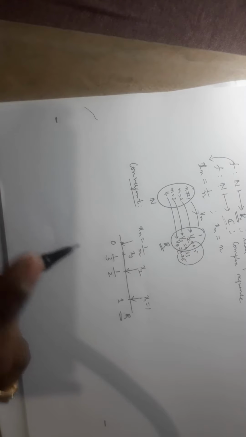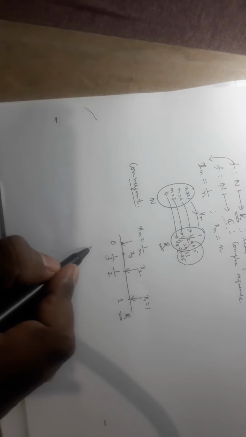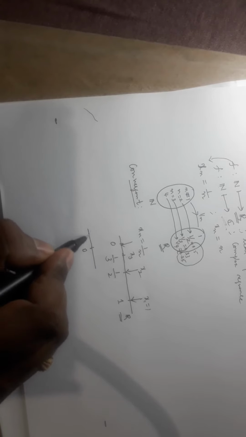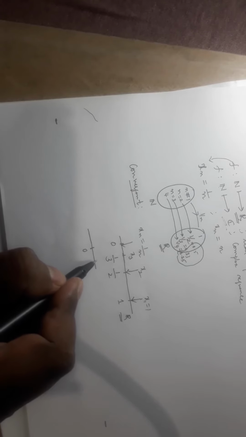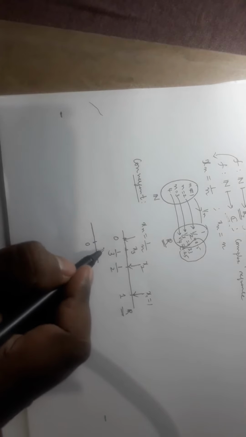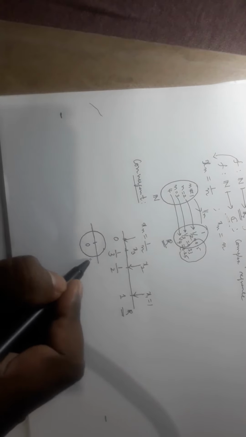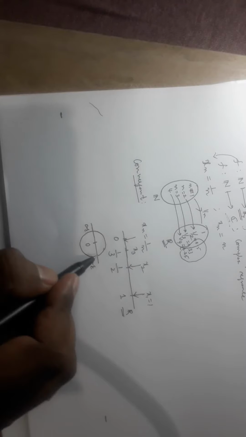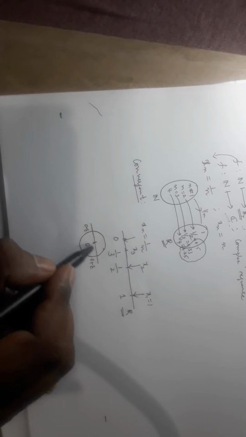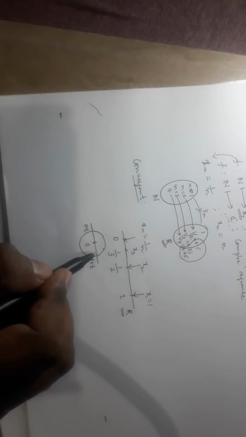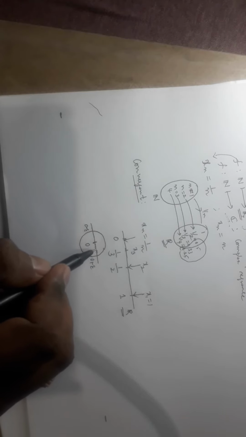In the sense, if you stand at 0 and draw a ball of however small a radius epsilon you want, 0 plus epsilon, 0 minus epsilon, in this ball all but finitely many terms are left out and all the others will be within this ball.